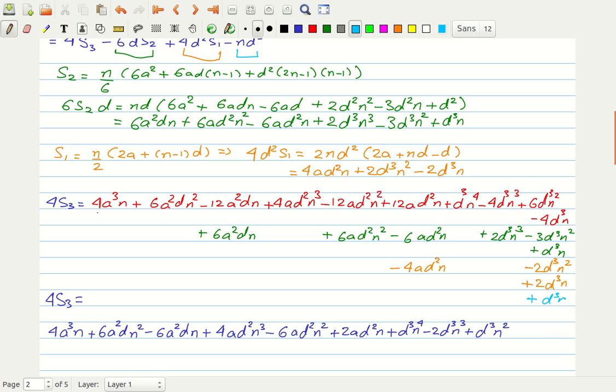Plus d cube n, and now you see that minus 4 d cube n plus d cube n plus d cube n and plus d cube n. So this will cancel out completely. This is minus 4, this is 2, 1, 1. So that's it.